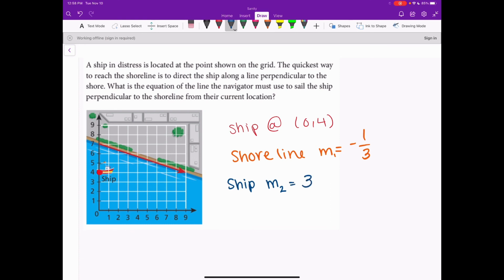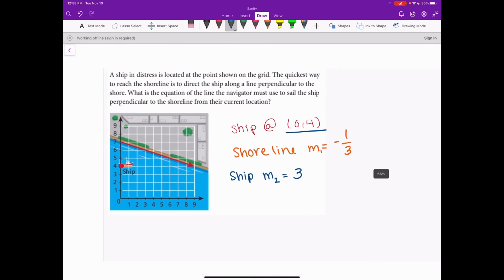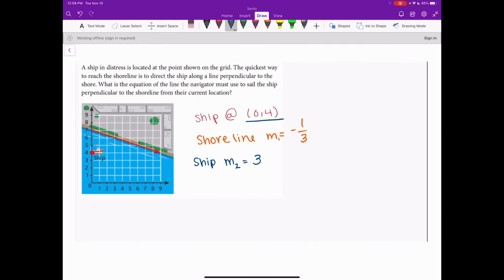We need to build an equation that has a slope of +3 and goes through this point, 0, 4, where the ship is currently at. Let's just use slope-intercept form, plug in everything we know, and see what we can solve for. So here is the ship's course of action. y equals mx plus b.